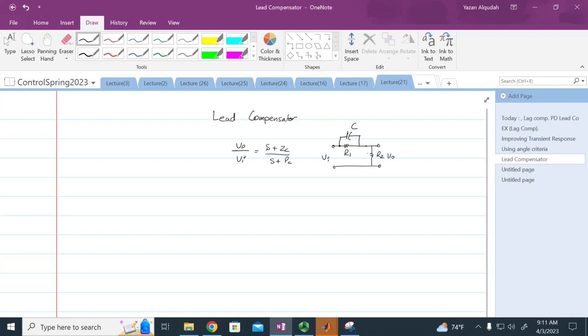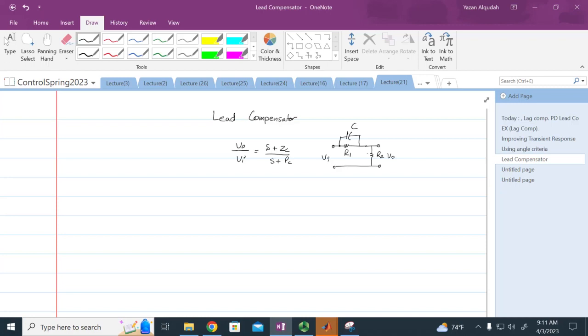If, on the other hand, the frequency is very high, frequency goes to infinity, what is the capacitor going to be? Short circuit. If it is a short circuit, what is the output going to be? It's going to equal the input.